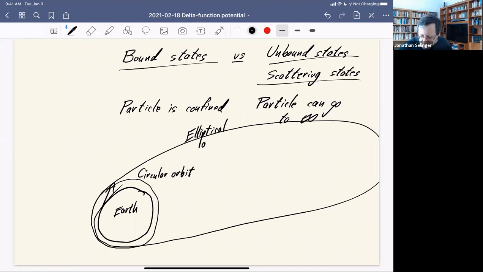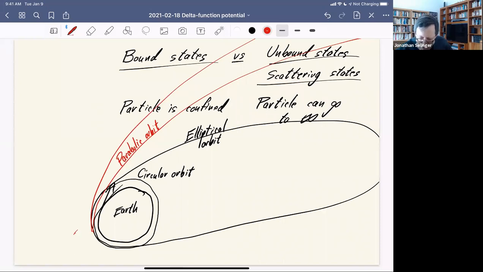But if we launch it with even more energy, then it will go into some other trajectory that doesn't come back to Earth. The higher energy trajectory could be something like this, which is a parabolic orbit. That's the borderline case, or an even higher energy case would be a hyperbola. So a hyperbolic orbit.